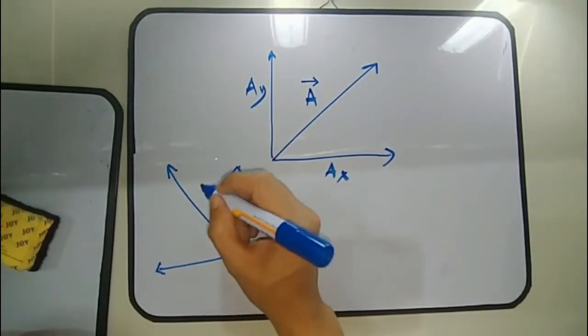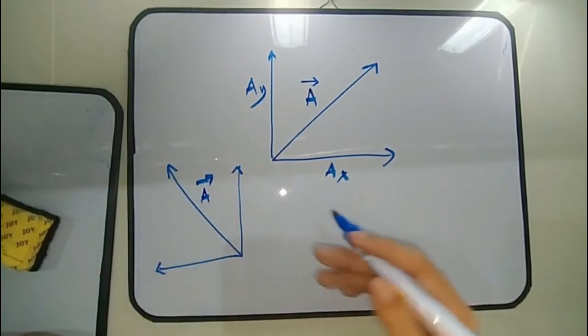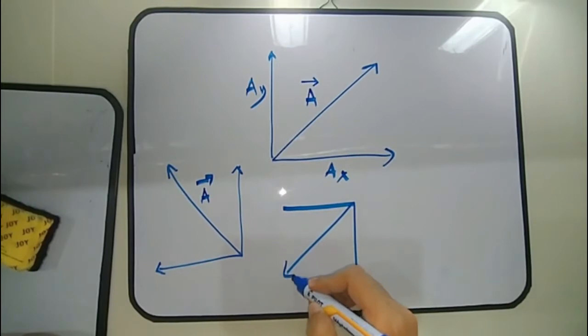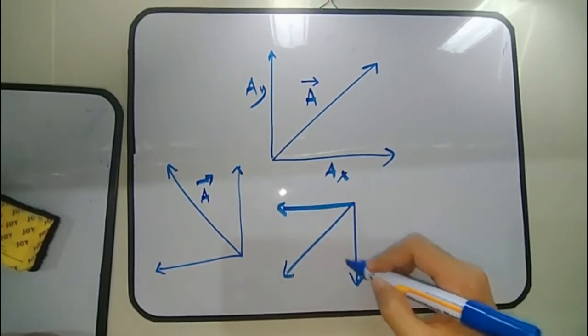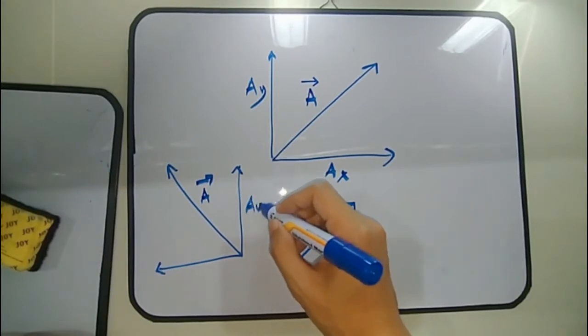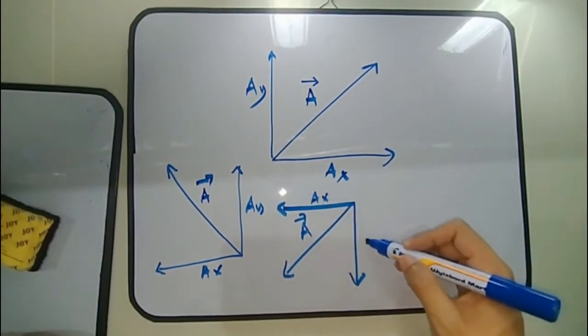So we have this vector, let's say vector A, ang direction niya is to the second quadrant. And what if kung nasa third quadrant siya? So here, this is our vector. This is vector A, this is A sub Y, A sub X.